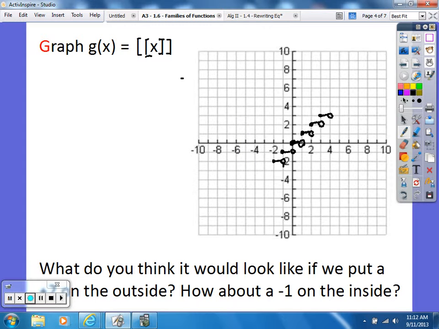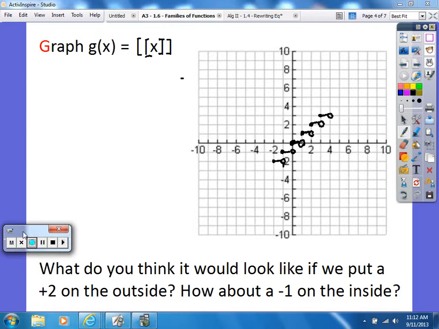Well, let's look at my question down here. What do you think would happen if I put a +2 on the inside? Now, when I say +2 on the inside, remember what you've learned back in Algebra 2: switch the sign of what's inside, keep the sign of what's outside. Anytime a number's on the inside, what does it do to your entire graph? Moves it over 2.